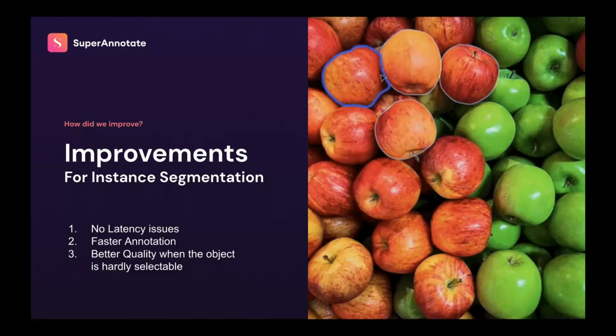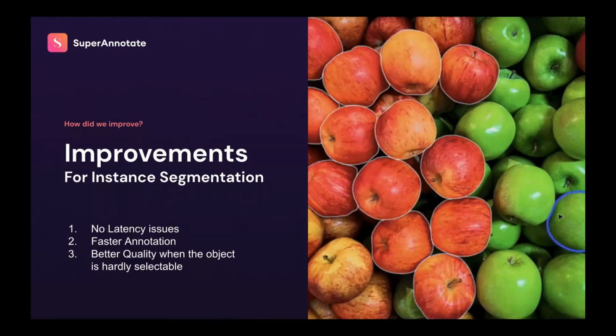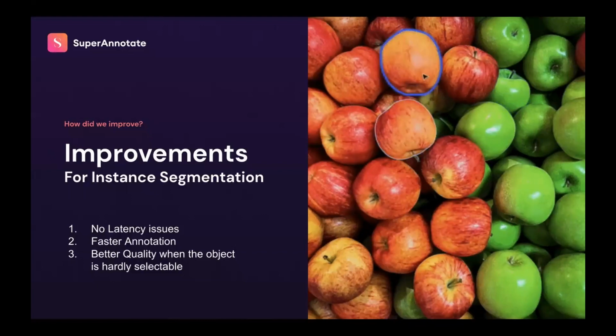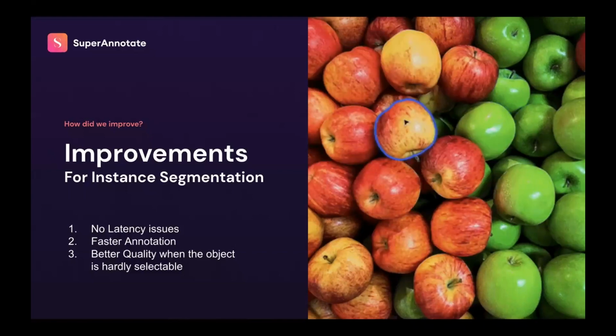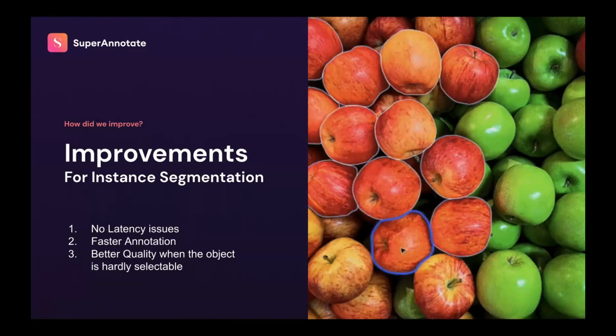Yeah. Well, as we're talking about improvements, let's talk a little bit about the improvements that we did. We integrated Segment Anything on our side. And on the instance segmentation side, we solved a lot of the latency issues, because even if it's 200 milliseconds, that creates an unpleasant lag when you're annotating.